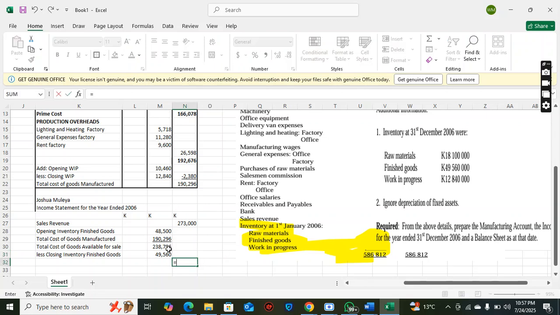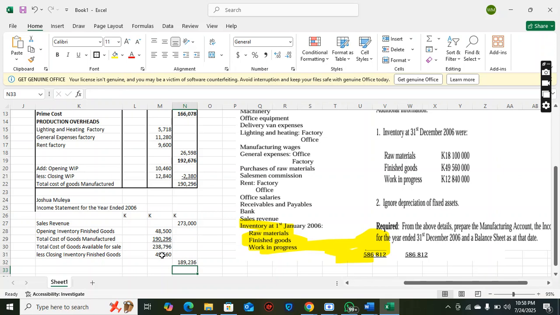So when we deduct these, what have we tabulated? 189,236.